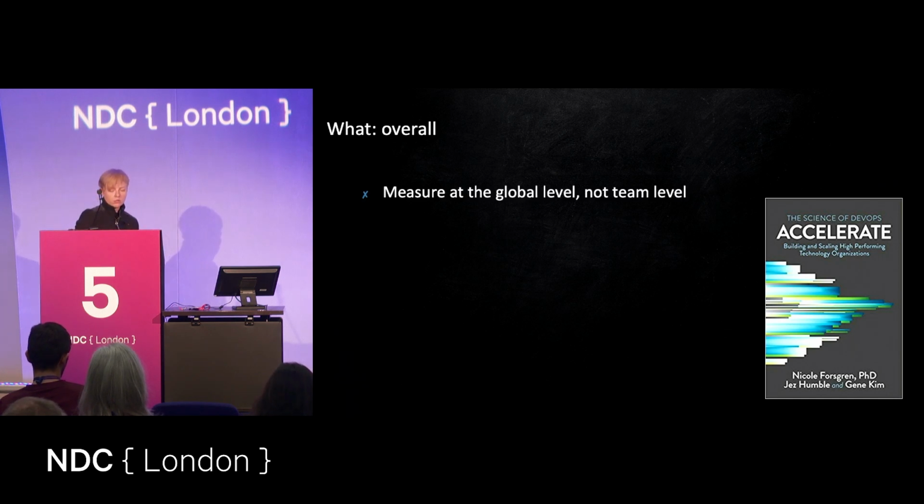And those are metrics which give you suggestions. The first one is: measure at the global level, not on the team level. And it's really applicable for security as well. Let's imagine you have several teams, like the team developing the front-end solution and the back-end team.